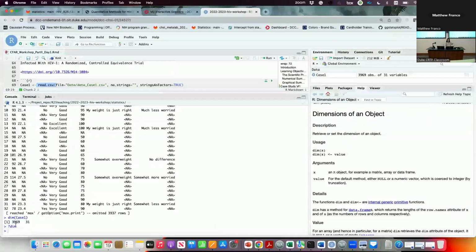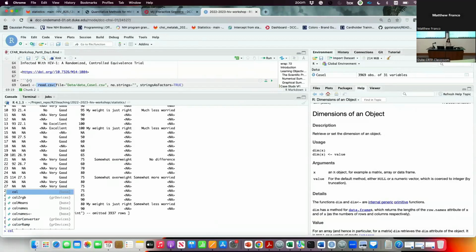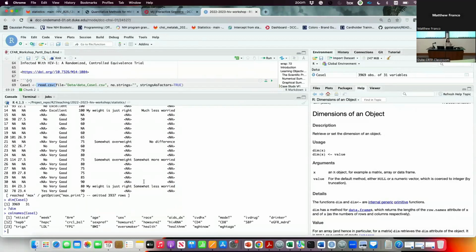The dimension of the row is about 4,000 and the columns is 31. Basically it tells you how big your data is. And then you can also look at the column names of your data. So what are the features we are measuring for this data? From this, you can have a clear, basic understanding of what we are recording in this data set. I believe, can we have a summary of this?